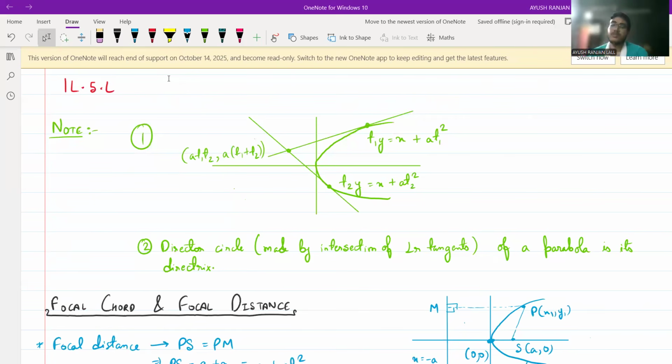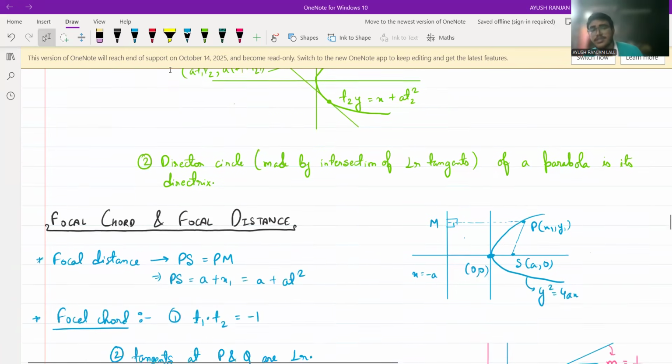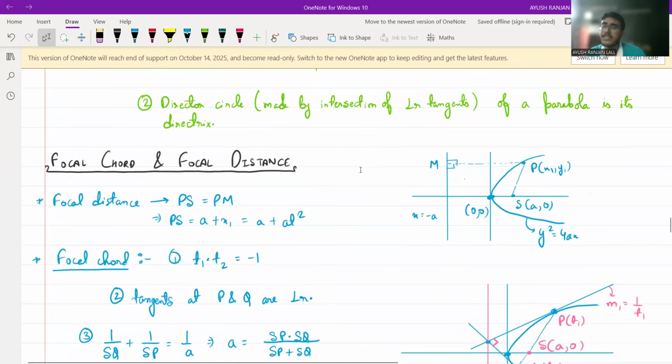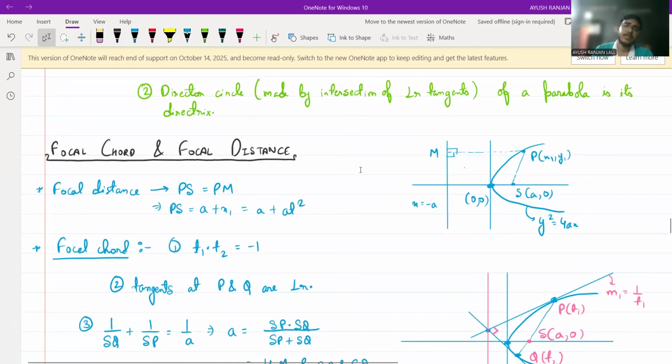Okay, so next, focal chord and focal distance. So focal distance is what? PS equals PM, which we have seen previously. Next, if you want to write the PS length, you can write it very easily. What is the PS length? a plus x1. How can I write a plus x1?